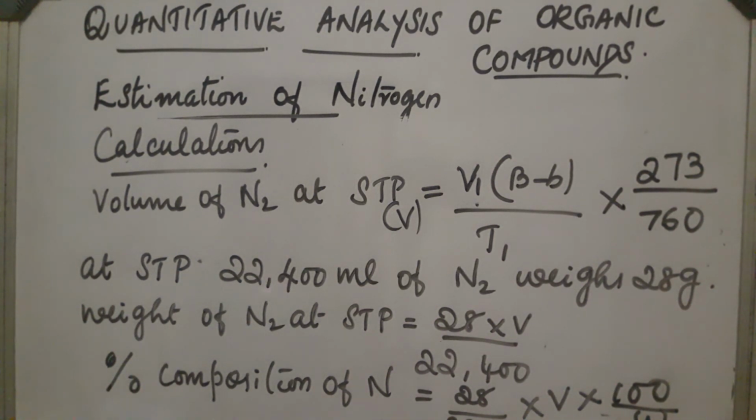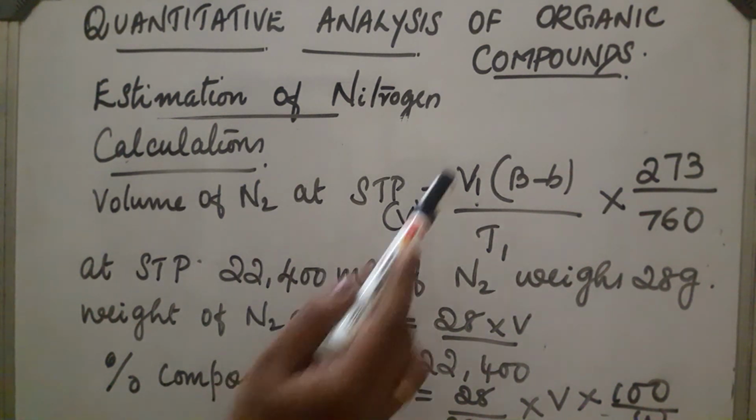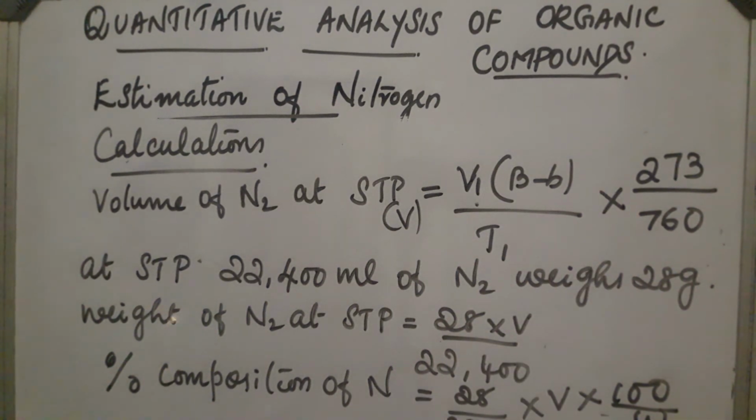This will be the percentage composition of nitrogen. So if we know all these values, we can easily calculate the percentage composition of nitrogen from the volume at STP.